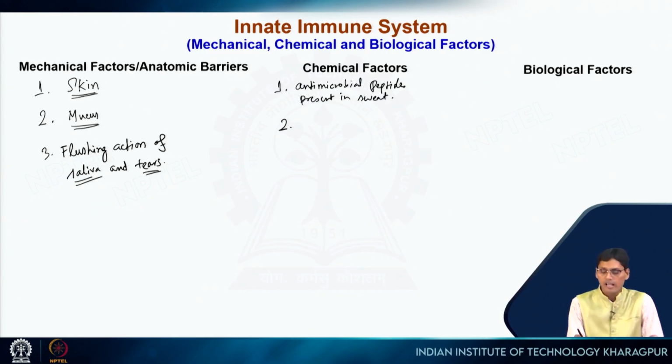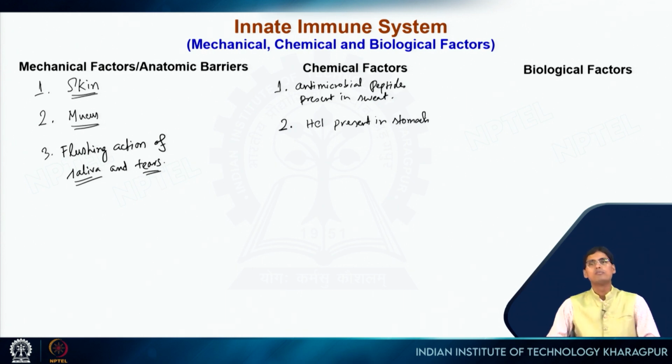And apart from that, as all of you know, a lot of HCl, hydrochloric acid, is constantly getting secreted inside our stomach. So HCl present in the stomach also prevents pathogens, because the pH is too low, around 1 to 1.5.